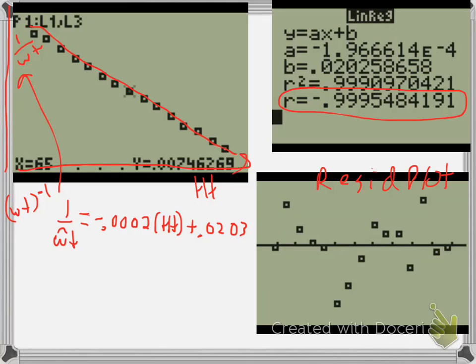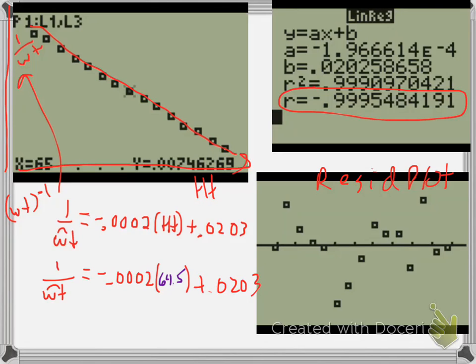Okay, so if I do that, if I put the weight in, the predicted weight is going to equal to, and they want us to use, I'm just going to write it in here.